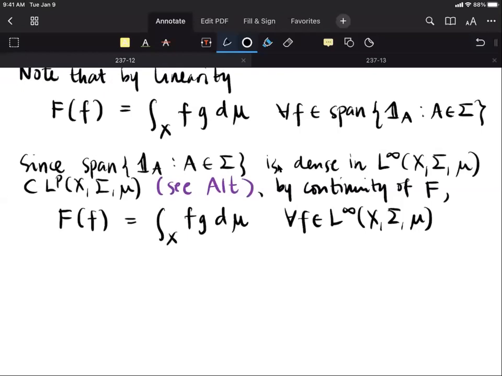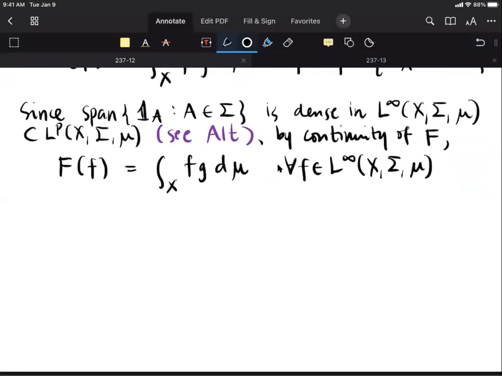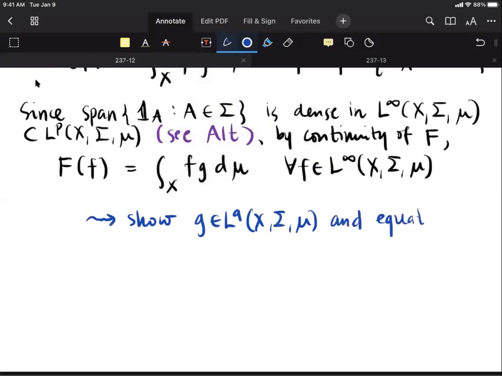And with this, we claim that g is in LQ, and this equation holds for all f, not only in L infinity, but also in LP.